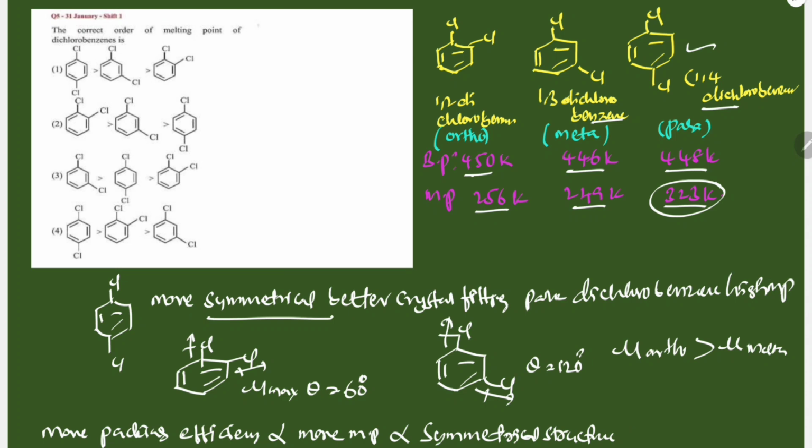So in the above question, para is greater than ortho, which is greater than meta. The correct order of melting point is para dichloro, then ortho dichloro, and meta dichloro. So the fourth option is correct.